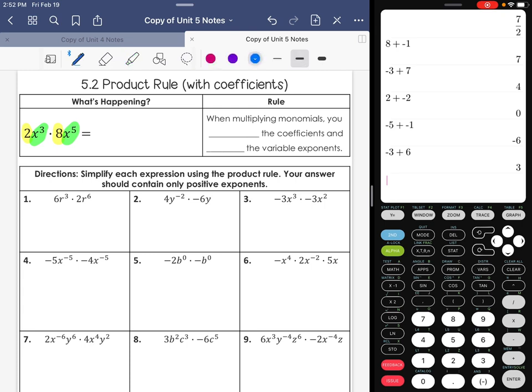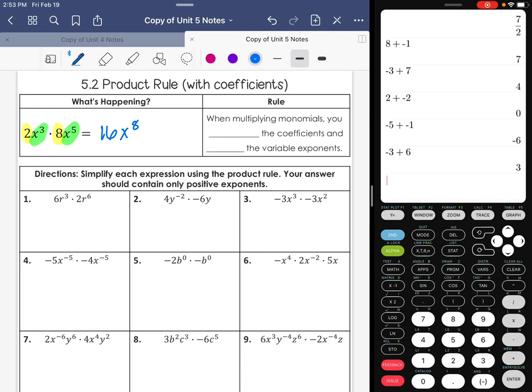So what you do with the coefficients is you just multiply them. This is, after all, just a multiplication problem. So 2 times 8 is 16. And then you're going to use the product rule with the x and the exponents. So 3 plus 5 is 8. So you have 16x to the 8th power.